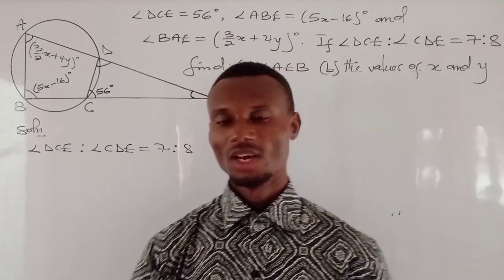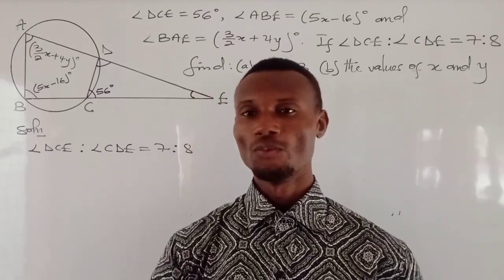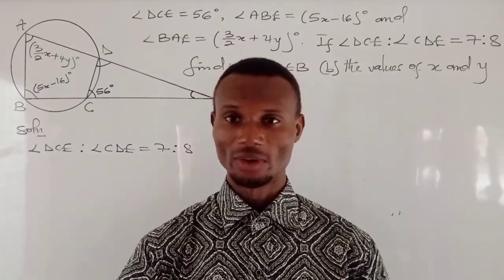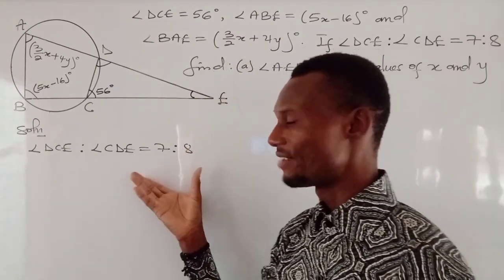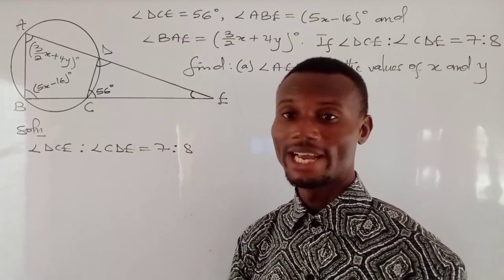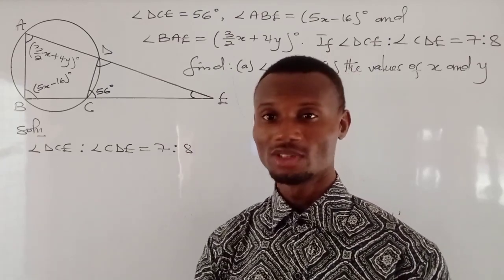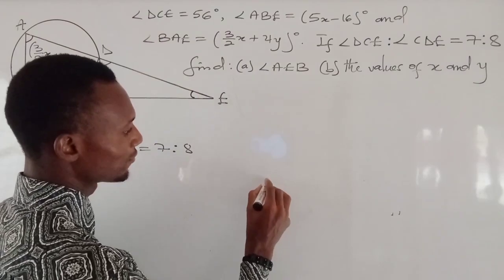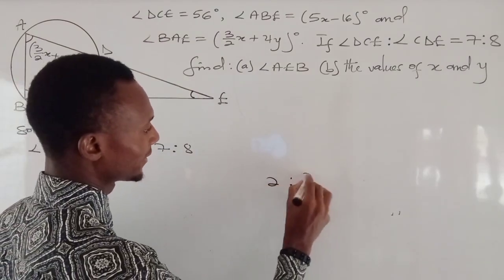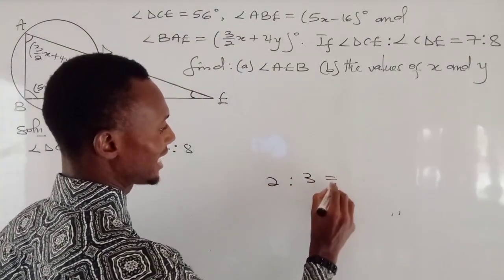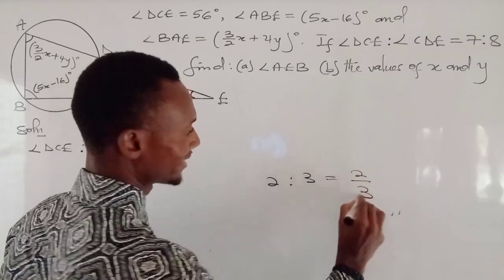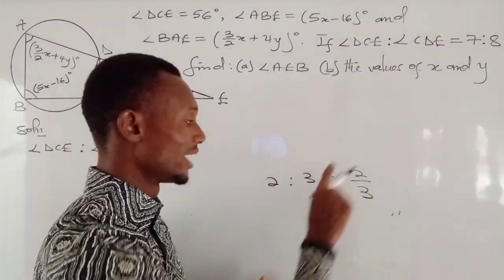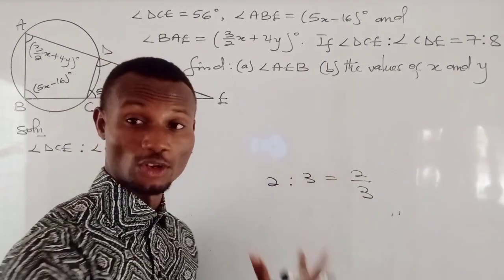Now you should know that we can express ratio as fraction, because the equation given contains ratio, and we can express ratios as fractions. So if I have 2:3, it can be written as 2/3. The first number becomes the numerator and the second number becomes the denominator.